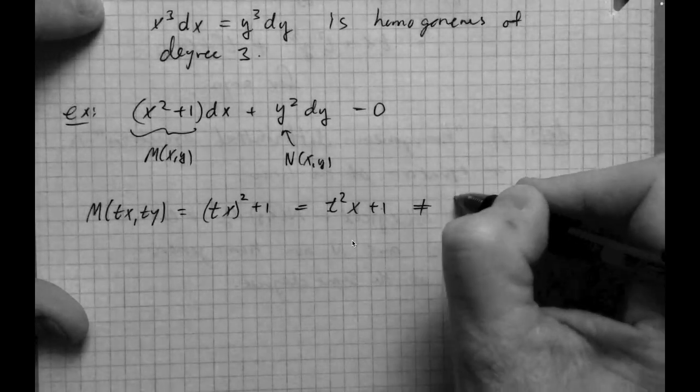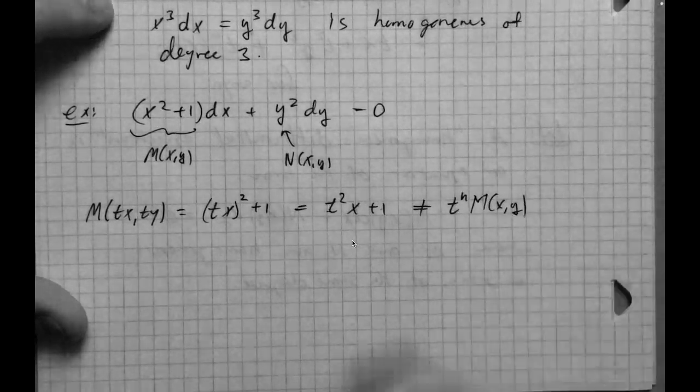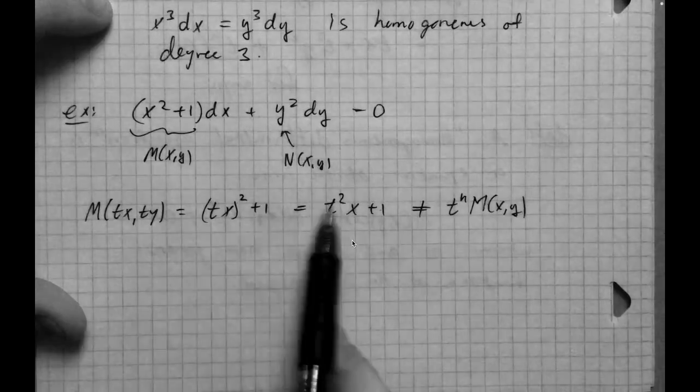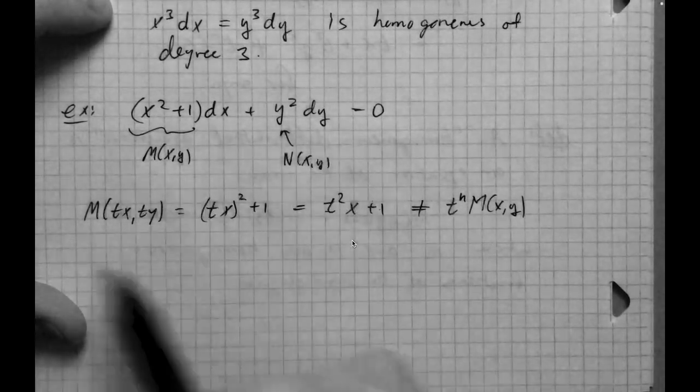So this is not equal to t squared m of xy, right? So this m is not homogeneous, and that's going to mean that the whole thing is not homogeneous.